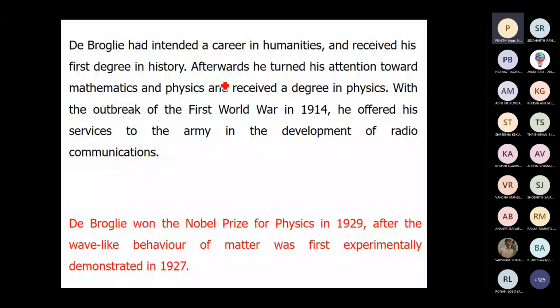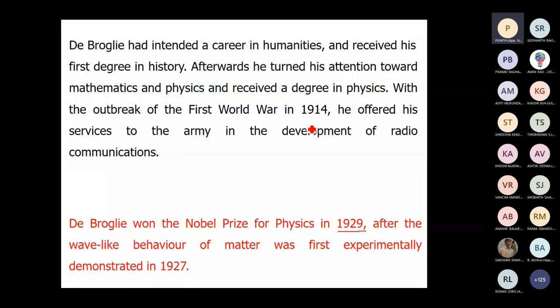If you look at a little bit about him, around the First World War, which took place in 1914, he offered his services to the army in the development of radio communications.